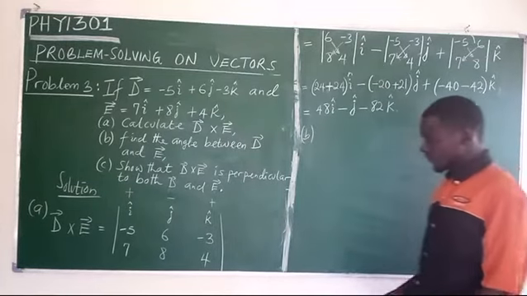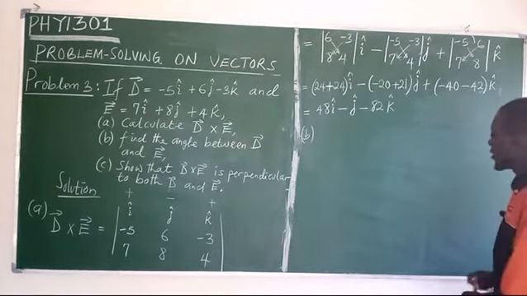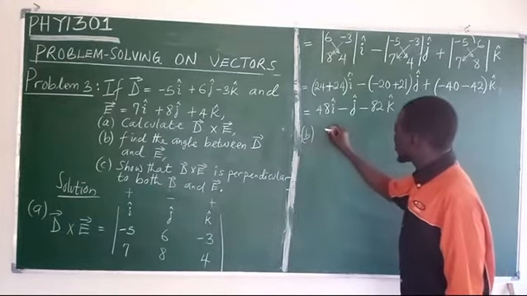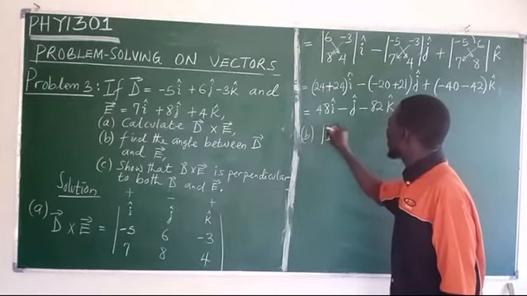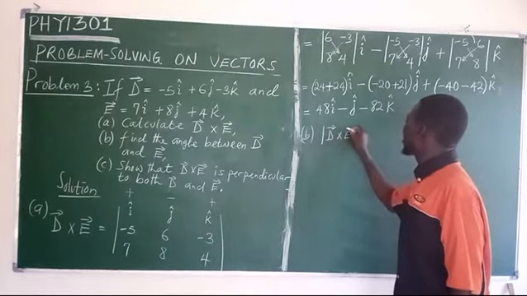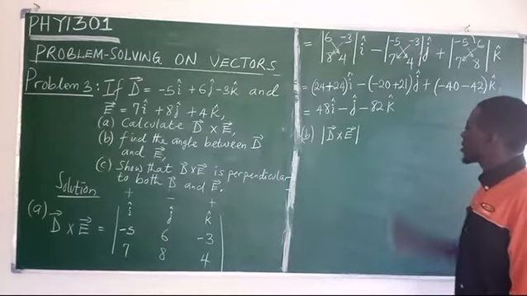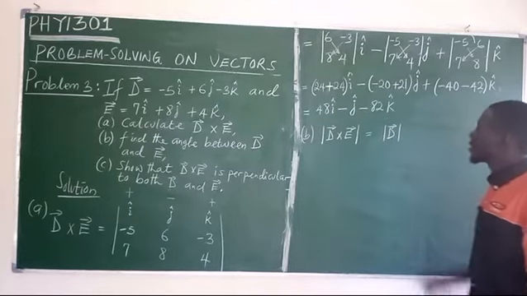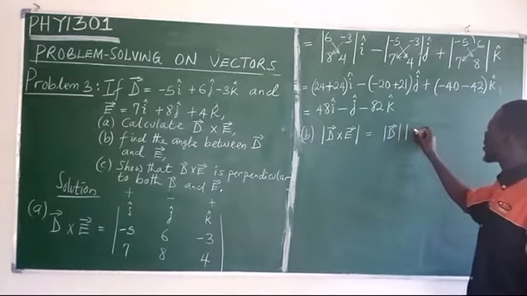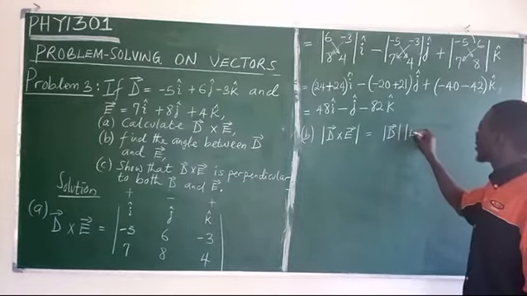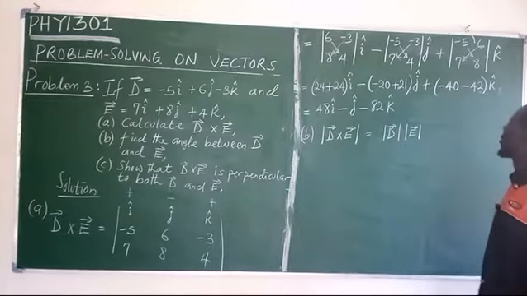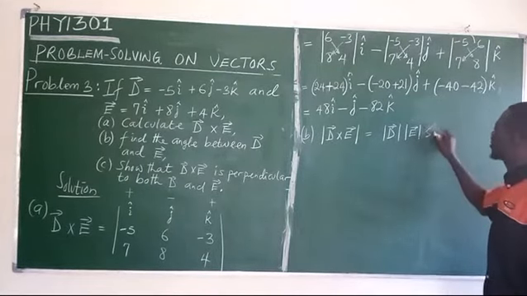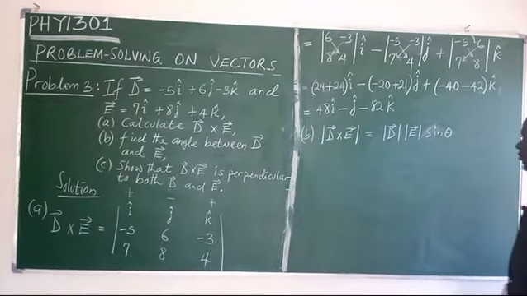We go to B. For B, how do we find the angle between the two vectors? Okay, this is how we should do it. The magnitude of D cross E is equal to the magnitude of D alone multiplied by the magnitude of E multiplied by the sine, not cosine, the sine of the angle between them.